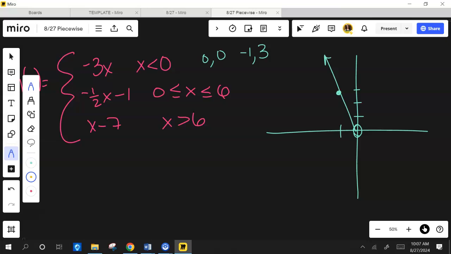All right, next one. 0. -1, open or closed? Closed. 6. -4, open or closed? What? Did I?